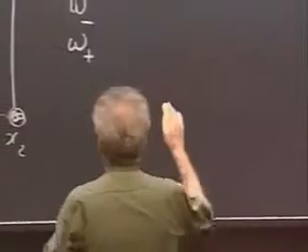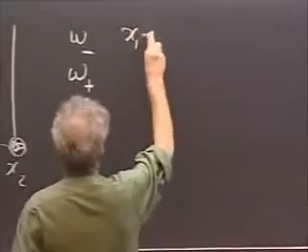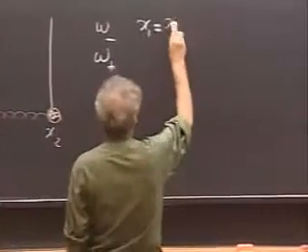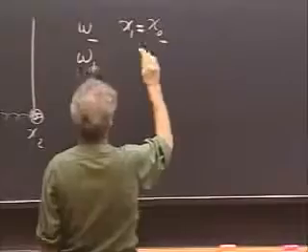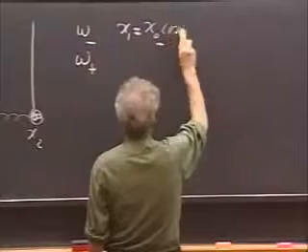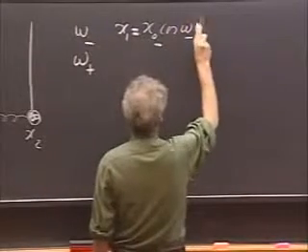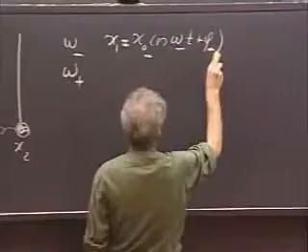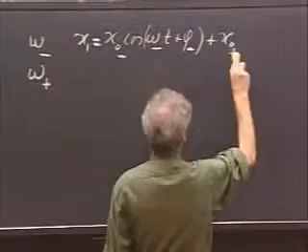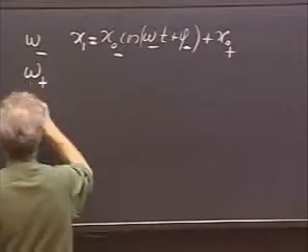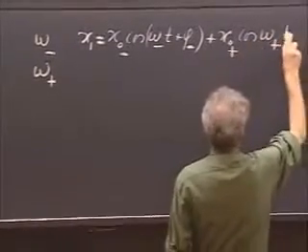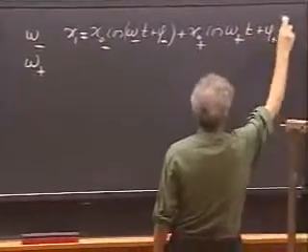It would mean that one function of time can be written as having some kind of an amplitude, x0, I give it a minus sign because it's related to that normal mode frequency, times the cosine of omega minus t plus some phi minus, plus some other amplitude, which I call x0 plus, which is going to be related to this frequency, times the cosine of omega plus t plus phi plus.